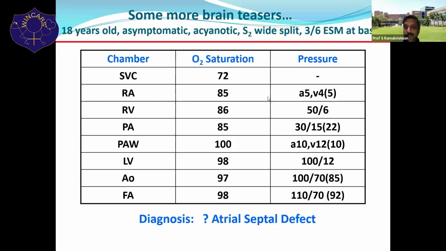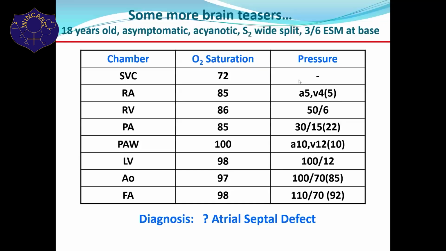Anybody thinks it's not ASD? In previous examples, I said you also have to look at the pressures, which should be equal. So I mentioned before that ASD. What was it?